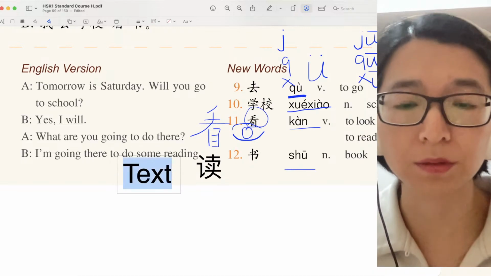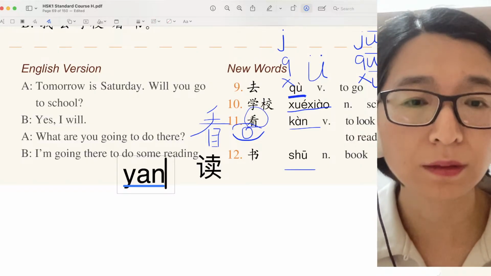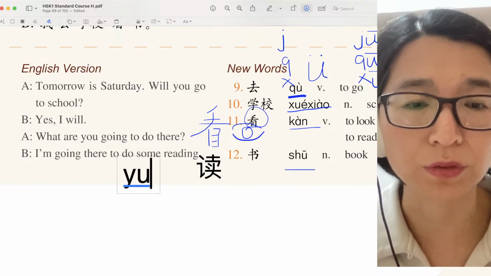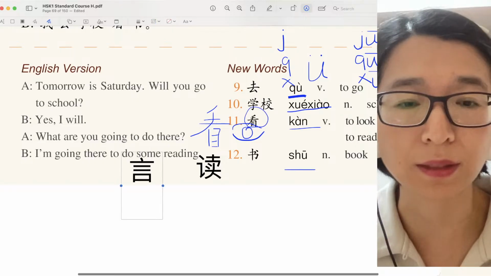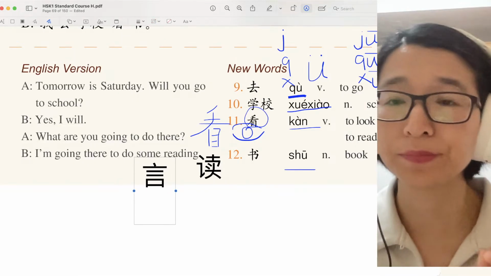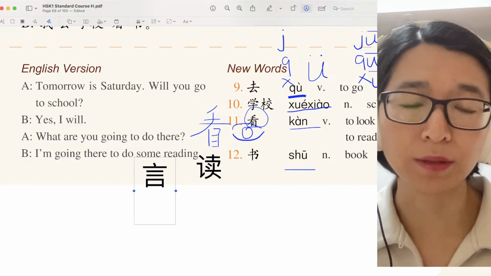The left part is called 言字旁. So what is 言? I will write 语言. Then I got this 言. This is the left part. We just changed from traditional to simplified. For the traditional way, it's like this.